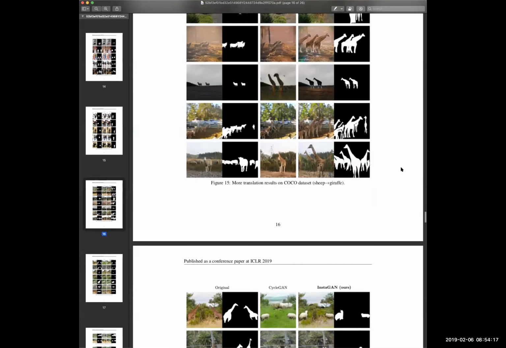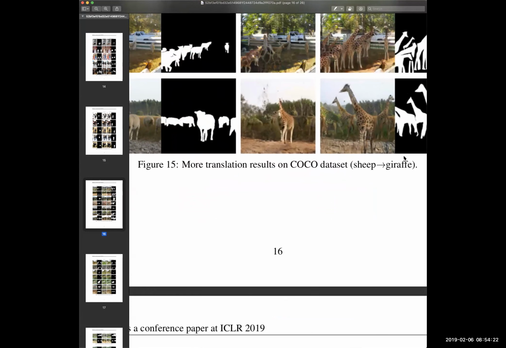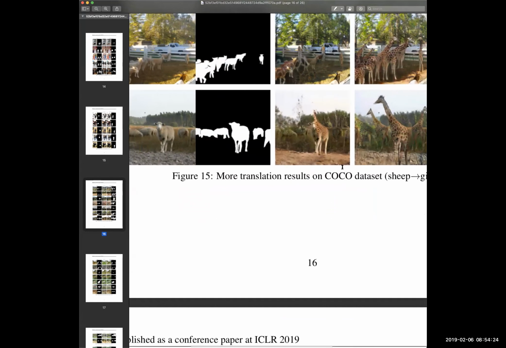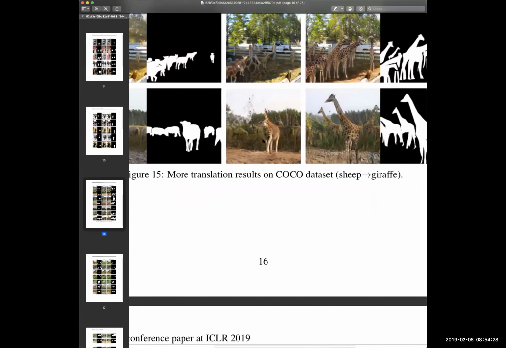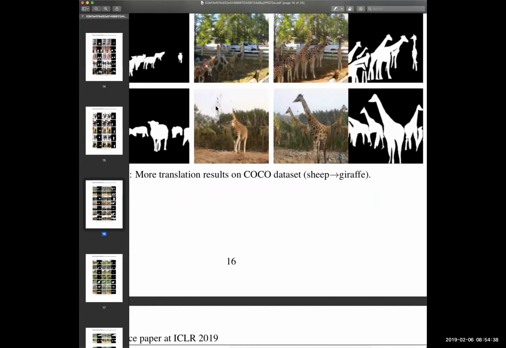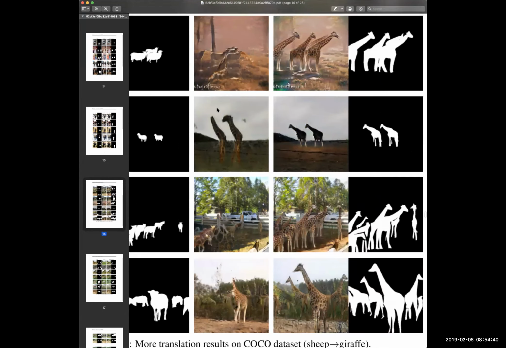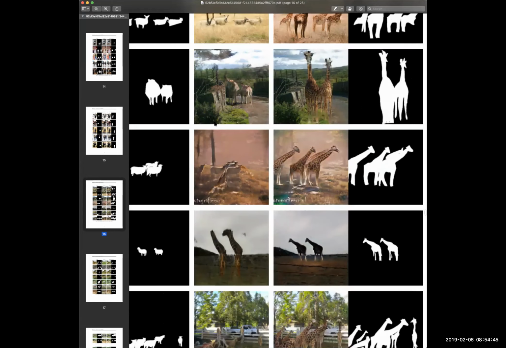For example, here we have sheep to giraffe, but there are lots and lots of sheep, and it seems to do well. Whereas, of course, CycleGAN always does poorly.